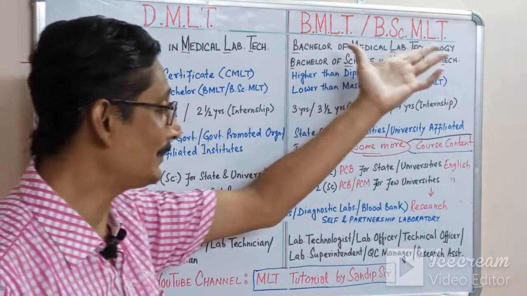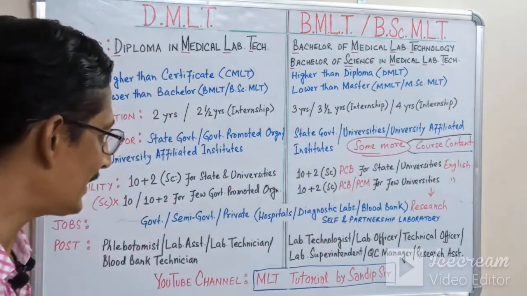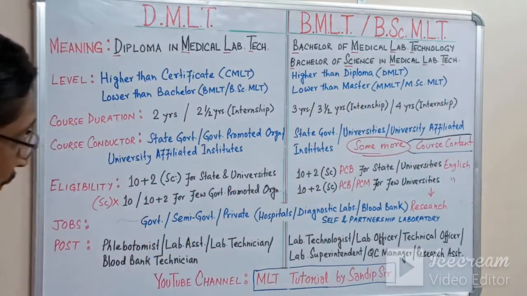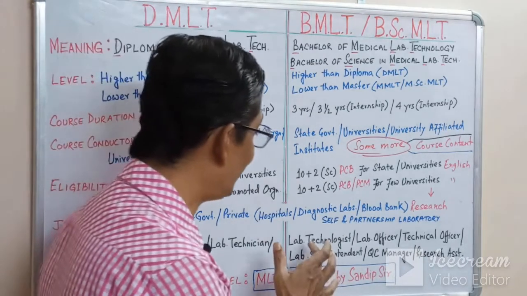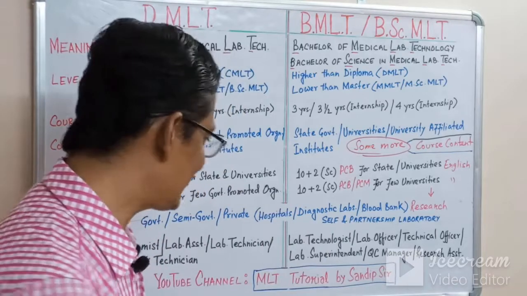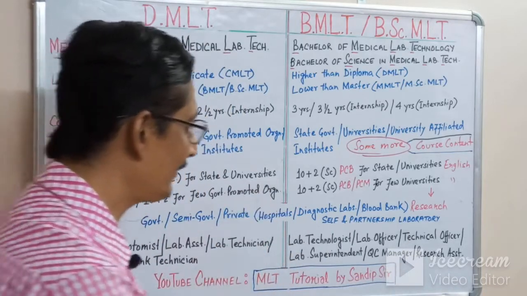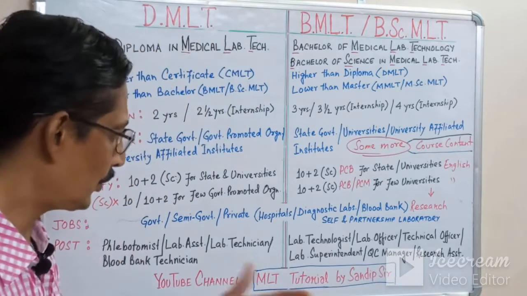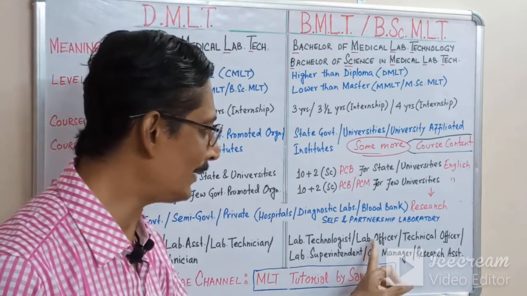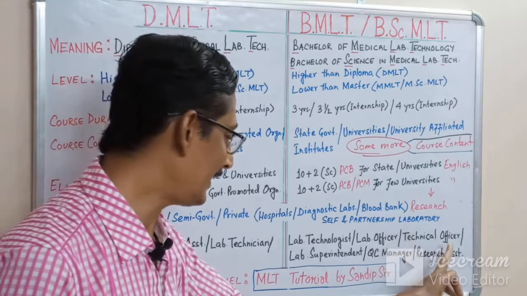And BMLT and BSc MLT pass students are eligible for these posts as well. Apart from that, they are also eligible for lab technologist, which is higher than lab technician, and after say 2 to 3 years they are promoted to officer rank, like laboratory officer and technical officer.